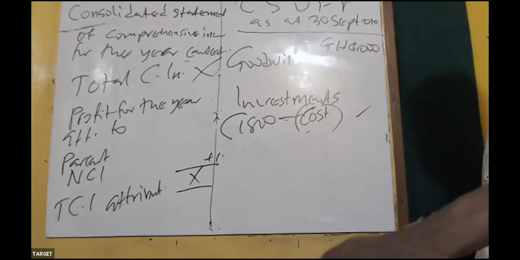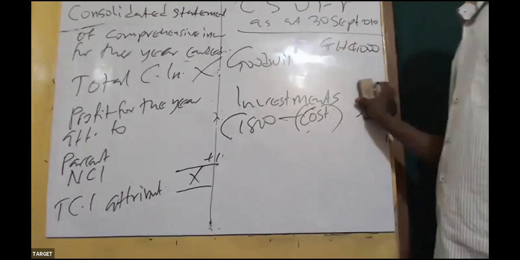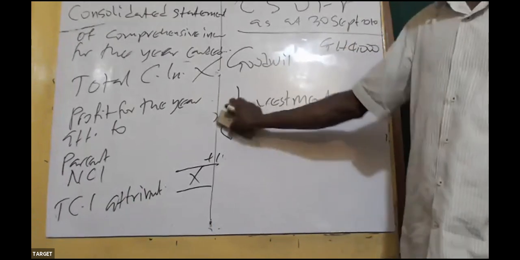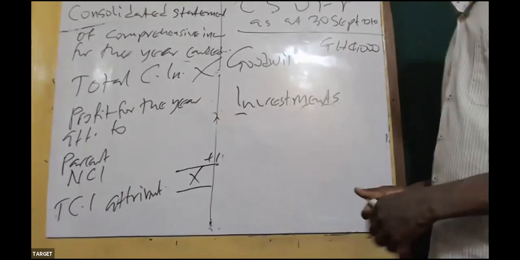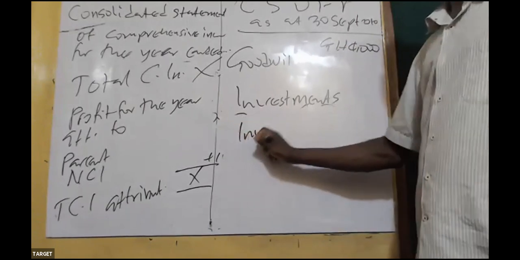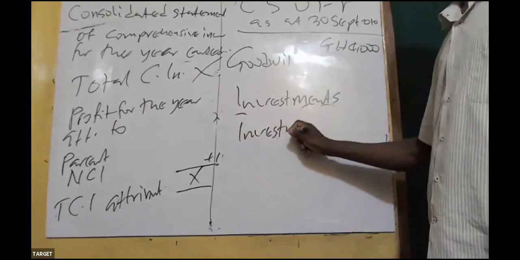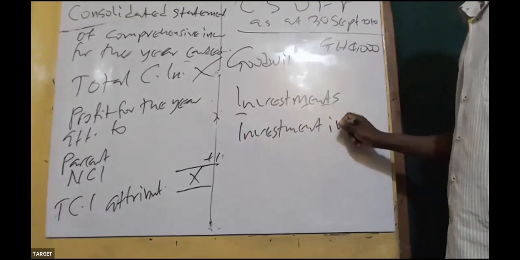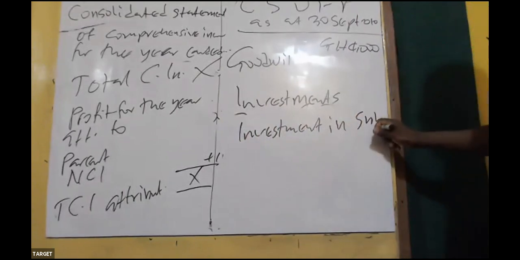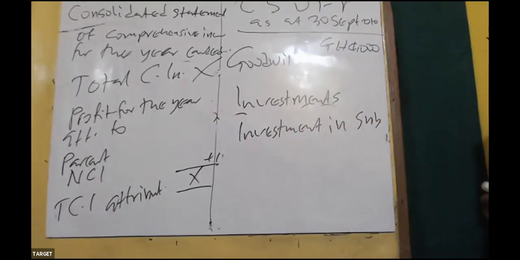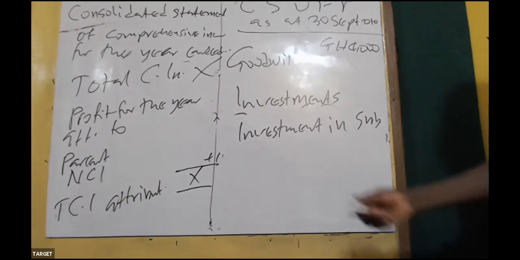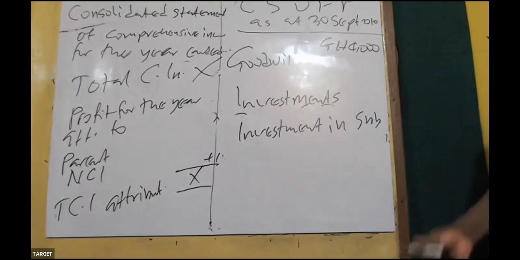Now let's go to the next term I want to explain. The same investment, but they'll tell you investment in the subsidiary. They'll mention the sub's name. So you have investment in some form. That one, don't consolidate it. We don't consolidate investment in subsidiary.